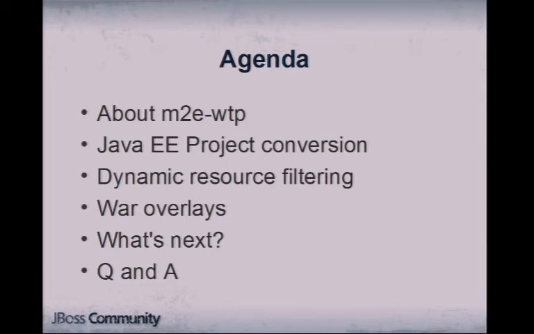We're going to talk about the Java EE project conversion feature that was introduced lately in M2E WTP, and two other features that are interesting in terms of development, dynamic resource filtering and war overlays. And finally, we'll see what's next, and if we have time, some Q&A.